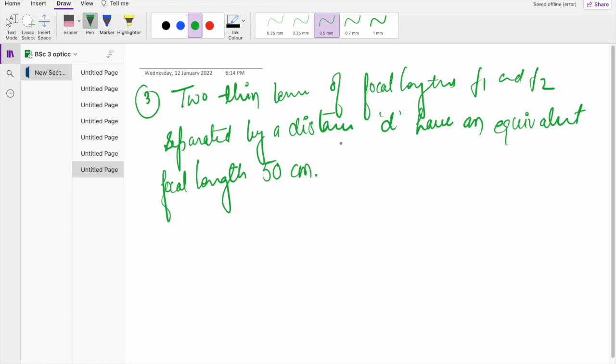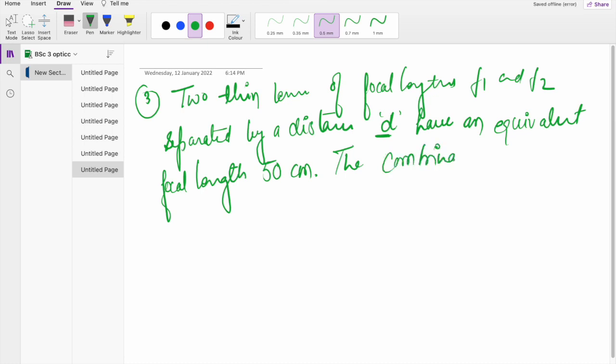Now this is a case where the separation between f1 and f2 is given as d. This is not 0, so we will take the separation between them as d, and we have given an equivalent focal length of 50 centimeter.